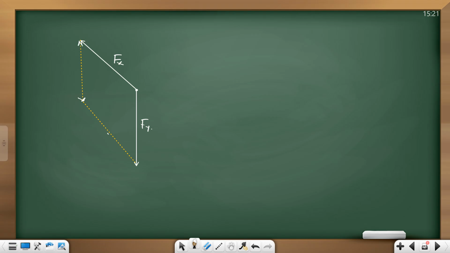Now, we need to draw our tail and the head. You would notice that's the tail, right? And where do we have both heads meeting? Right here.